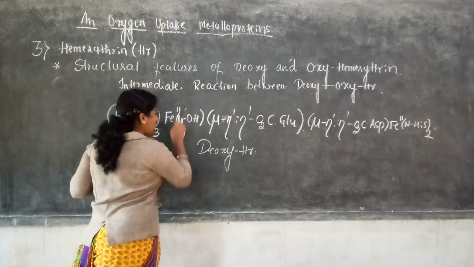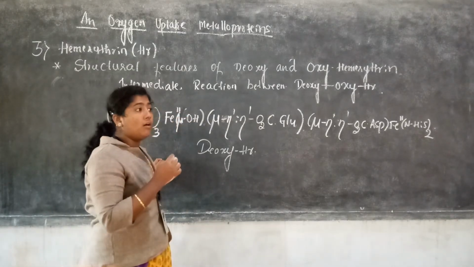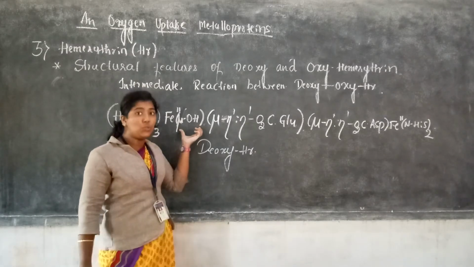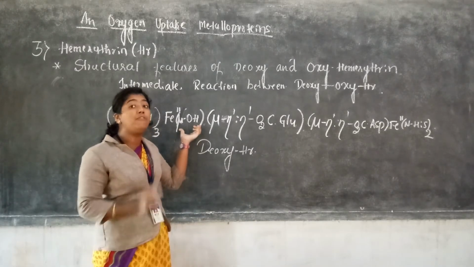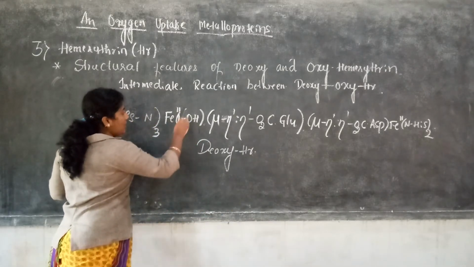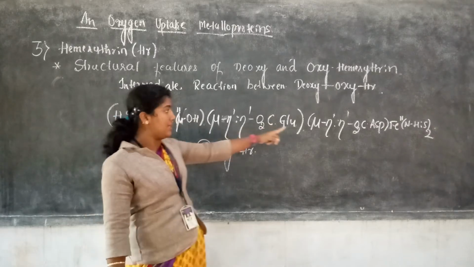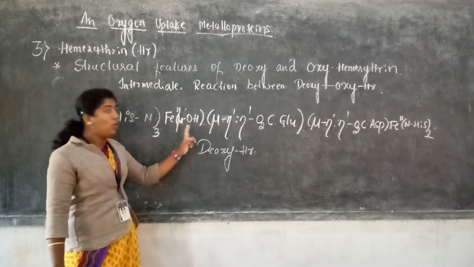What does mu represent? The bridging ligand. When we observe a bridging ligand, it is denoted by the mu symbol, which represents the presence of a bridging ligand between two centers. So here the first bridging ligand is the hydroxyl group, mu-OH, bridging both iron centers.